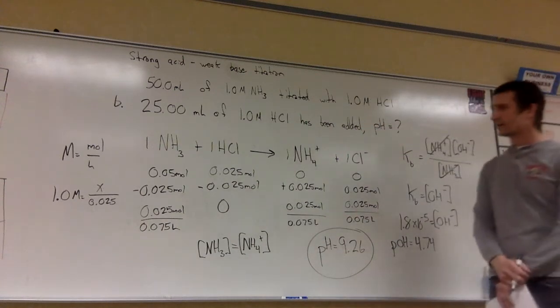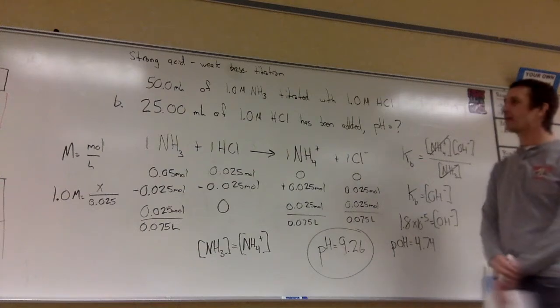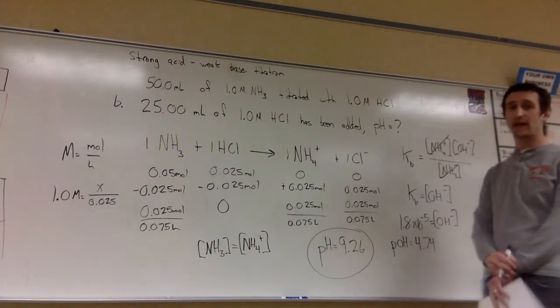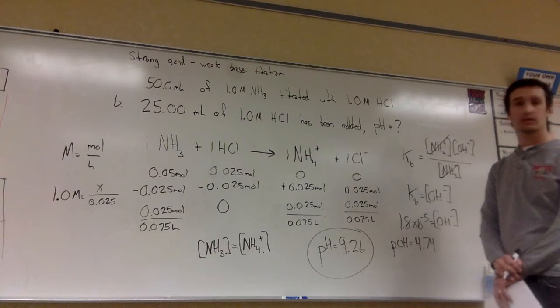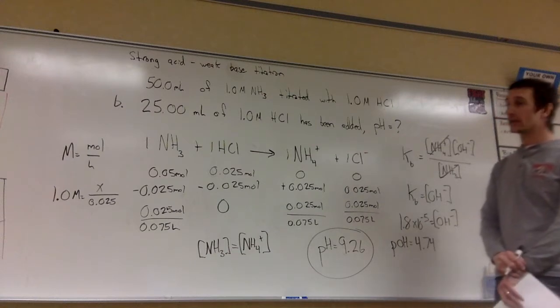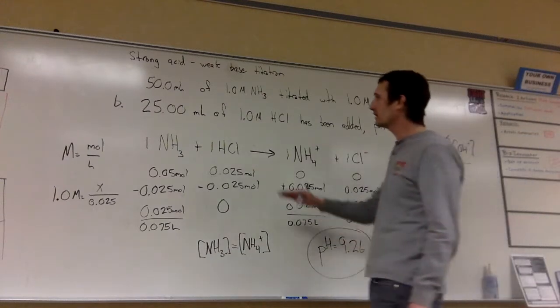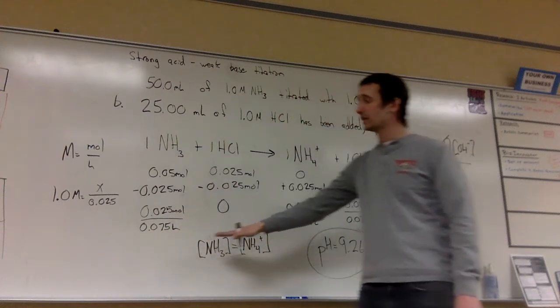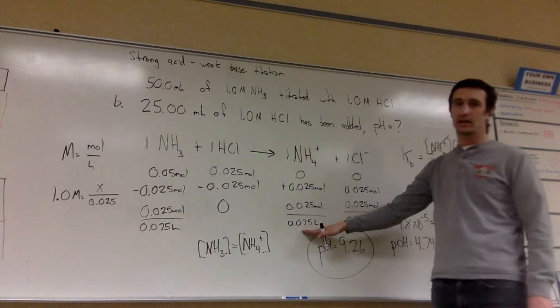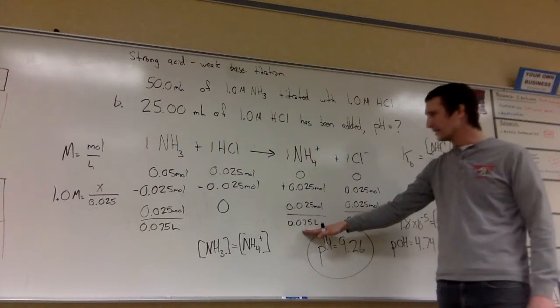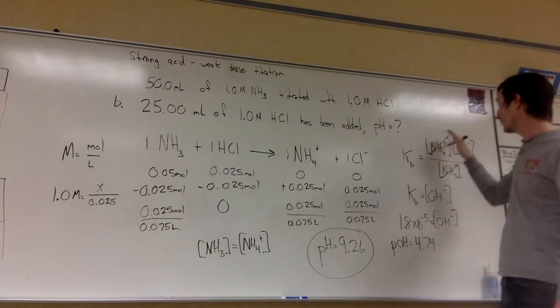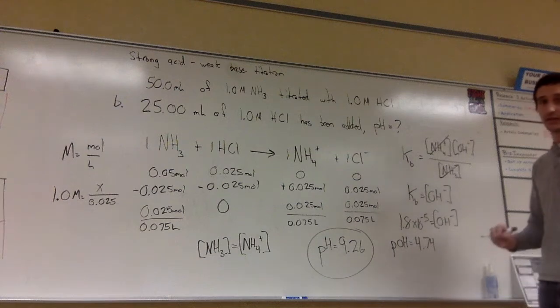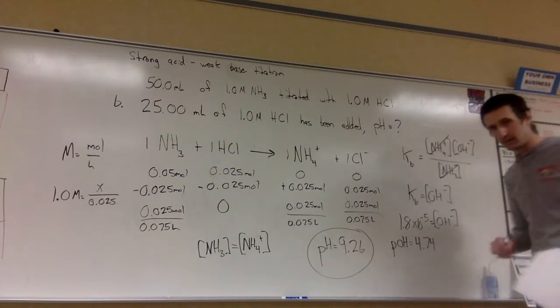And I would like to point out that this just happens to be what we call the half equivalence point. So that's an important note: at the half equivalence point, the concentration of the weak base is equal to the concentration of its conjugate acid, which makes our calculation actually a little bit easier. So that's part B.